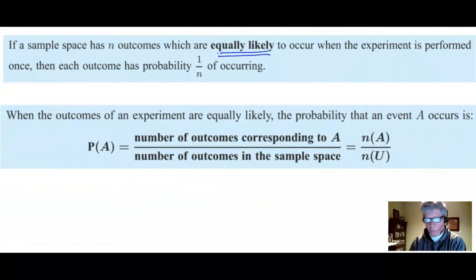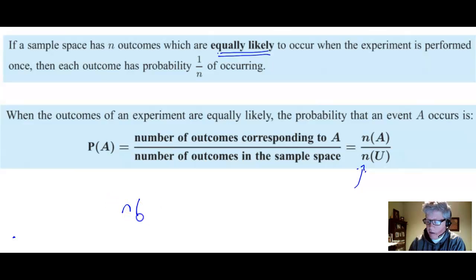So they give you a formula. It's kind of wordy. Number of outcomes corresponding to A. In other words, the number of elements in that event that has that particular characteristic over all of the possible outcomes. The little n here is the number of elements in the set.